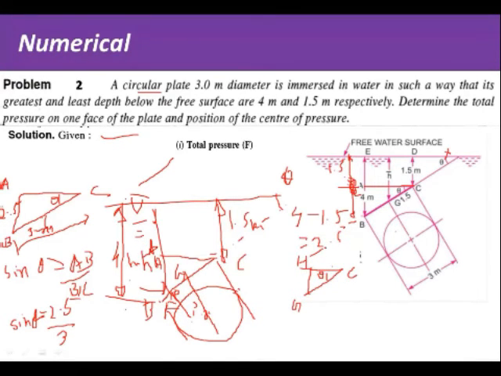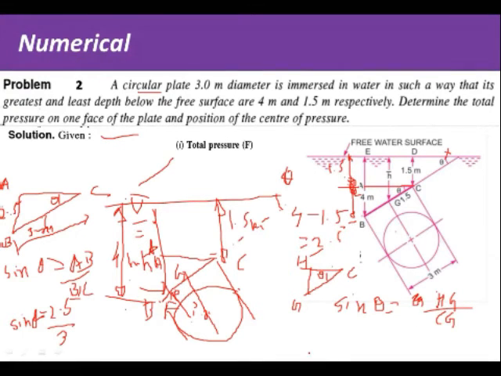So again if we calculate sine theta, sine theta is opposite HG upon CG.